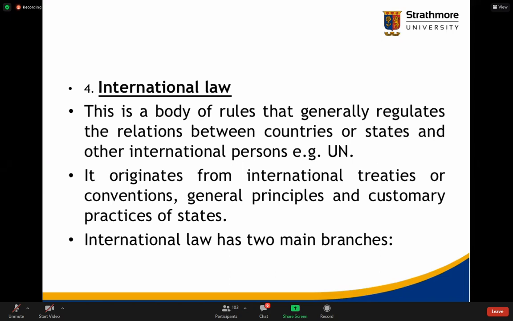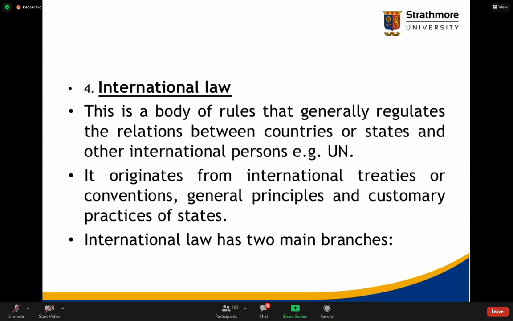This is where it gets a bit more interesting. We have a law that applies between two or more states, and we call it international law because it applies between two or more states.